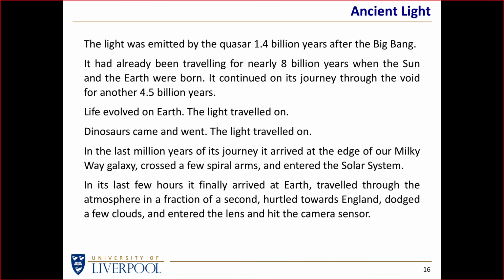In the last few hours of its journey, it arrived at Earth, travelled through the atmosphere in what must have been just a fraction of a second, hurtled towards England, homed in on the Wirral, dodged a few clouds, entered the lens and hit the camera sensor. Just a pixel in the image, but what a journey.